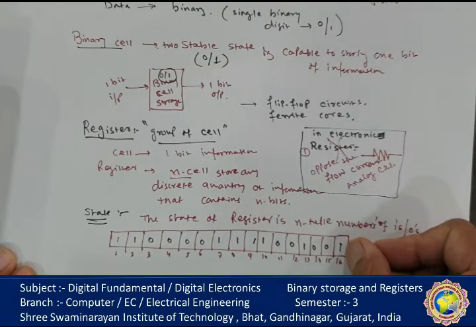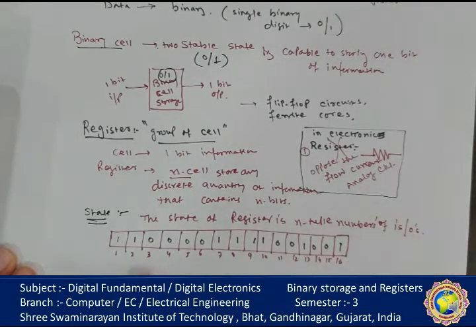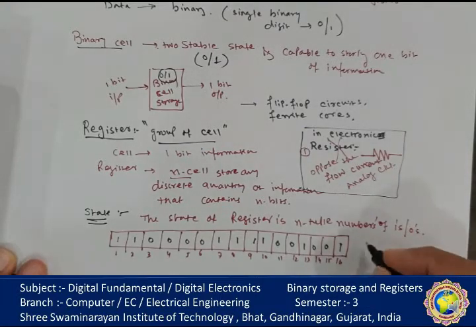Suppose that the bit configuration stored in the register is as shown here. The value of this 16-tuple register is 2 1s, 4 zeros, 4 ones, 2 zeros, 1 0 0 1. So how many different states are possible? 2 raised to n.